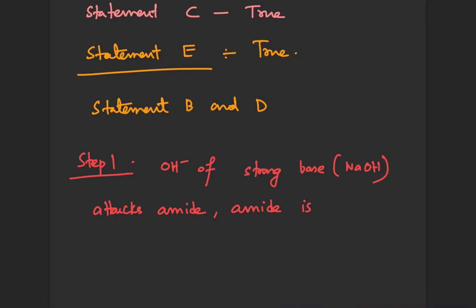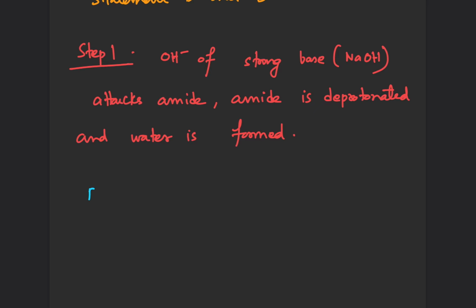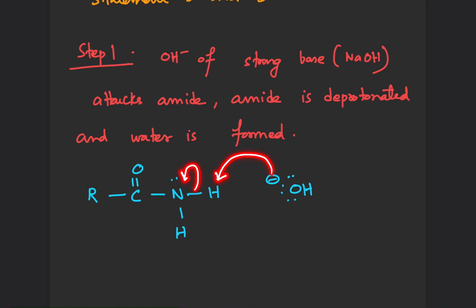So to show that, let's say we have a primary amide, RC double bond O, N with a lone pair, and H. And let's say we have a base OH minus, which comes from the NaOH. This base extracts a hydrogen, and nitrogen takes these electron pairs.